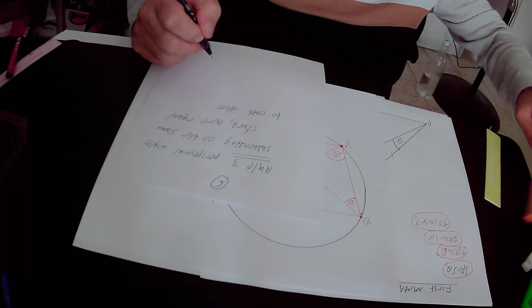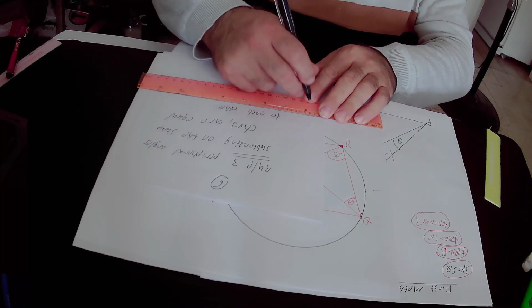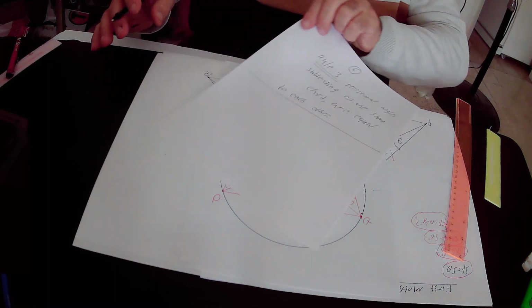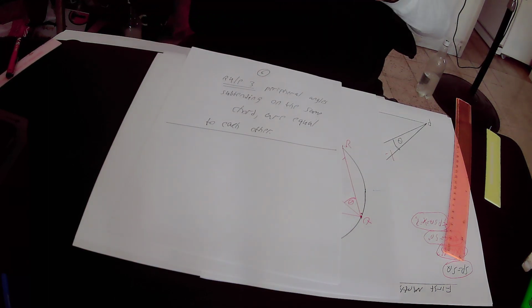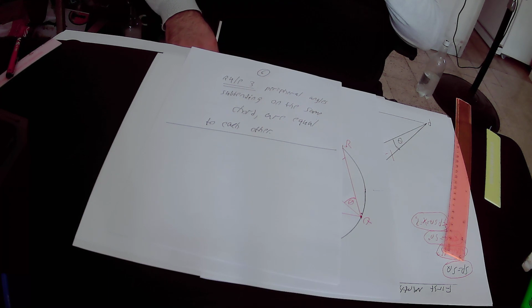So I'll read rule number 3 again. Rule number 3 states that peripheral angles subtending on the same chord are equal to each other.